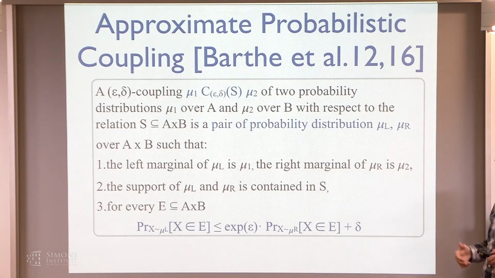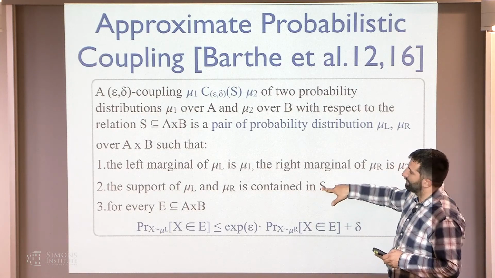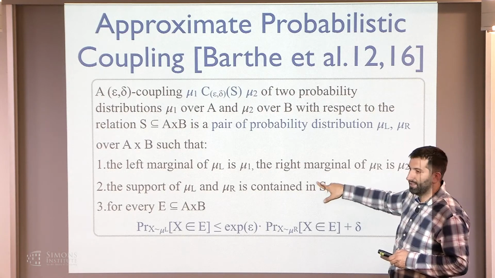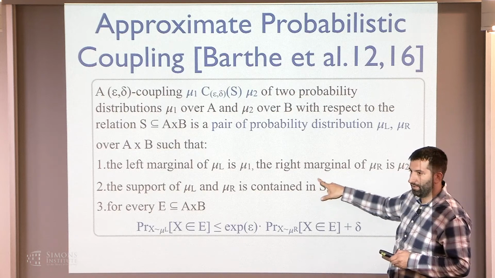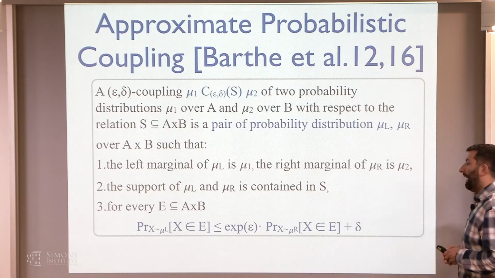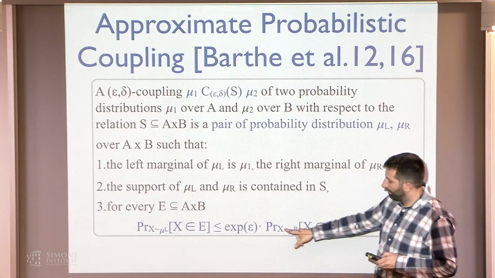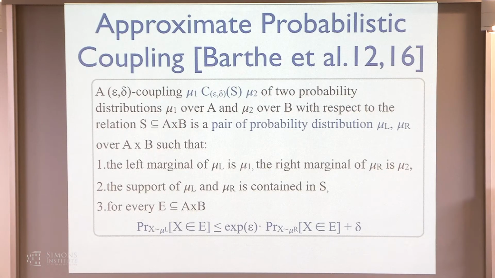This is similar to standard coupling. One of the key points is that the support of this coupling is in this relation S. Then we require mainly that these two distributions are epsilon-delta indistinguishable. This is the precise semantics.